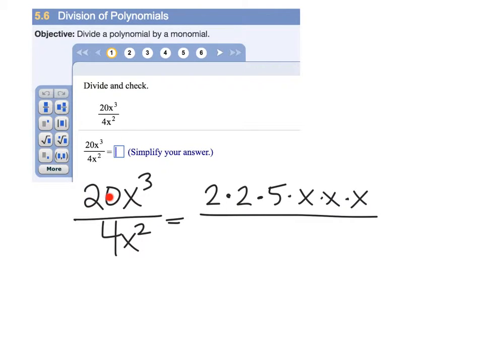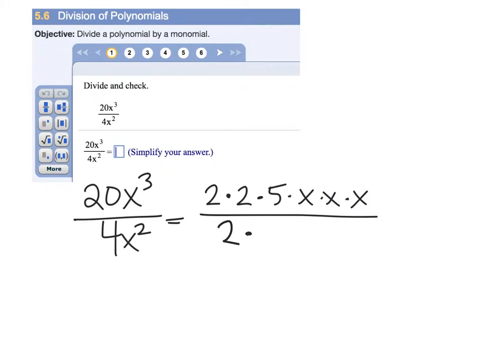I took 20 and I kept breaking it apart using multiplication and division until I couldn't break it apart any further. So in my mind, I did 4 times 5, but then 4 could be broken up to 2 times 2. So now I have 2 times 2 times 5, and that is my 20. And then x cubed is x times x times x, right? So there's my expanded notation for the numerator, the top number.